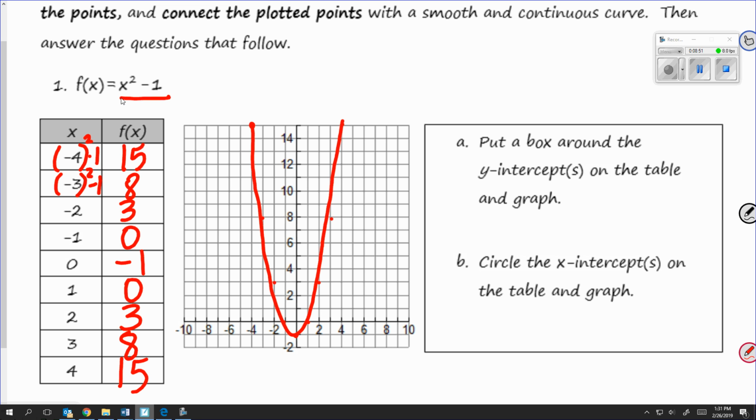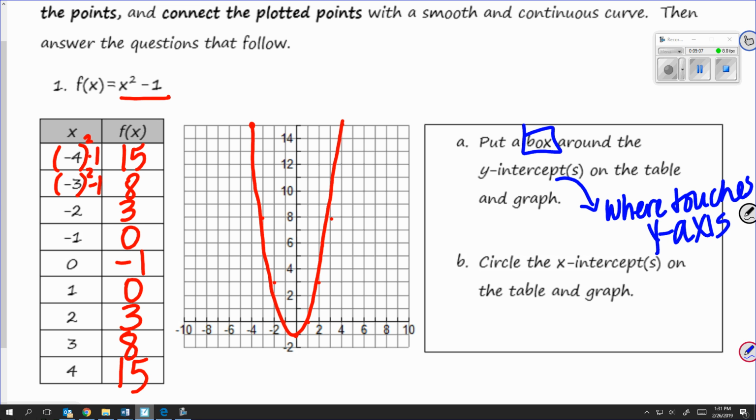Okay. So on A it says, put a box around the y-intercept. Well, we know the y-intercept is where it touches the y-axis. So if we look on here, where is it touching the y-axis? The y-axis is right here. So it touches it down here at -1. Okay, and we're going to put a circle around the x-intercept.